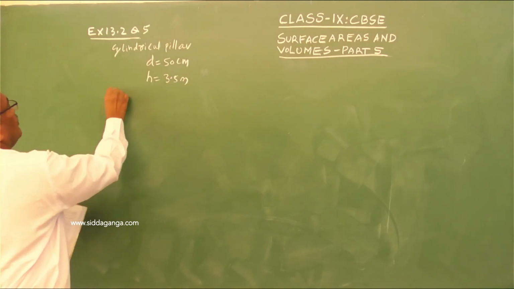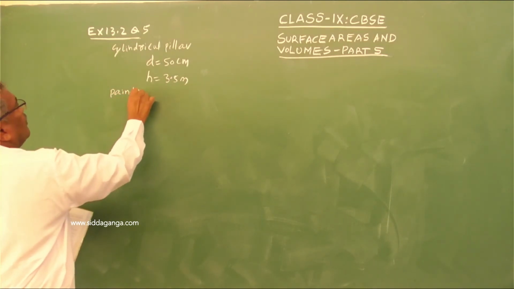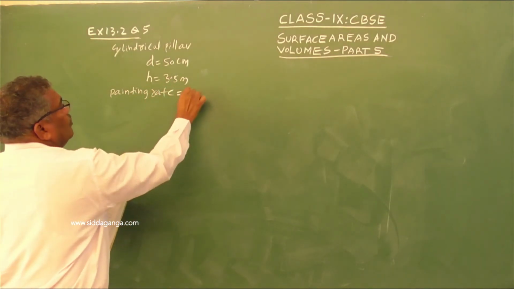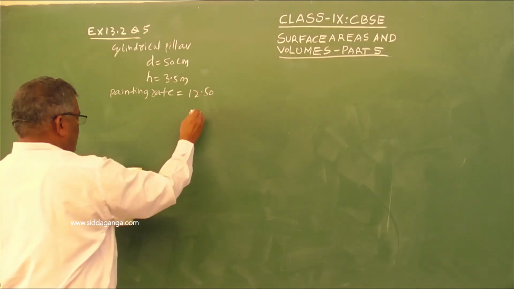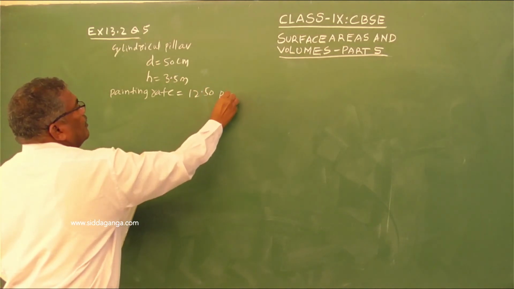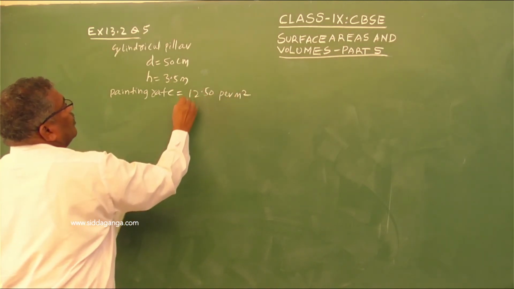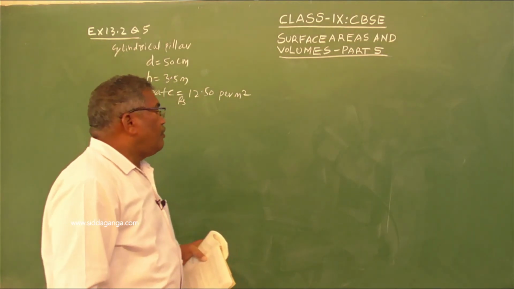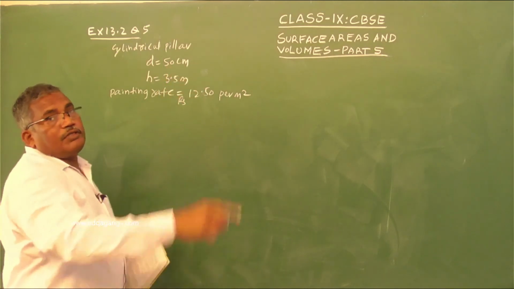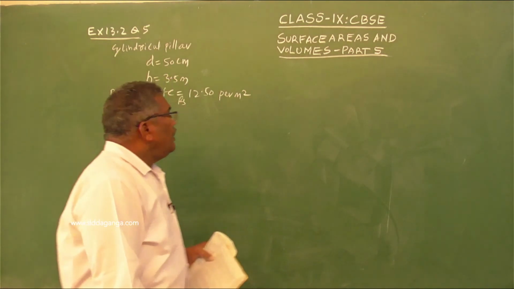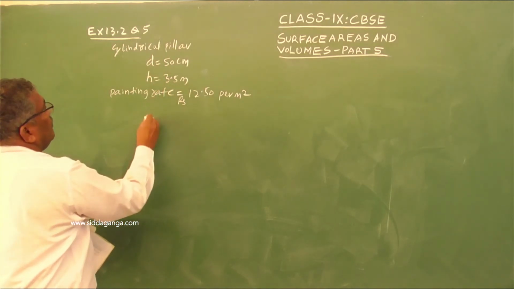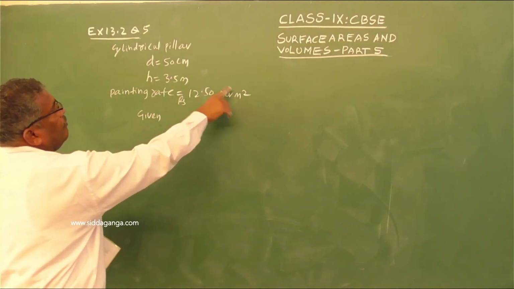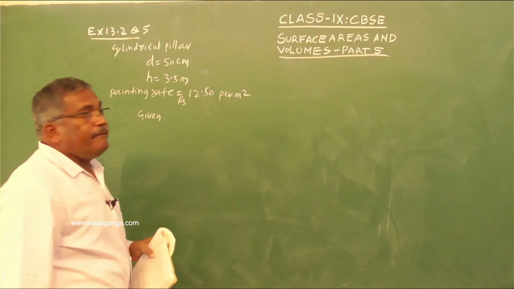Painting rate equals 12.50 per meter square. Rupees 12.50 per meter square. The problem is very simple. We have to calculate the curved surface area and multiply by the rate. So now, see, given this is in meter square, therefore keep all other dimensions in meters only.